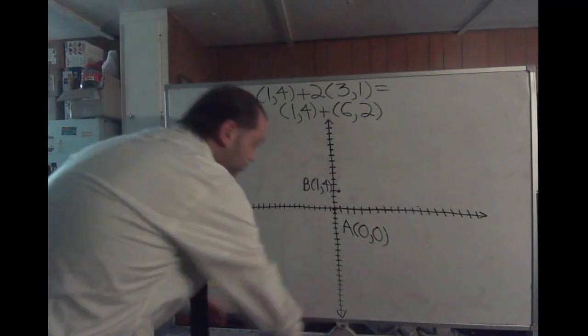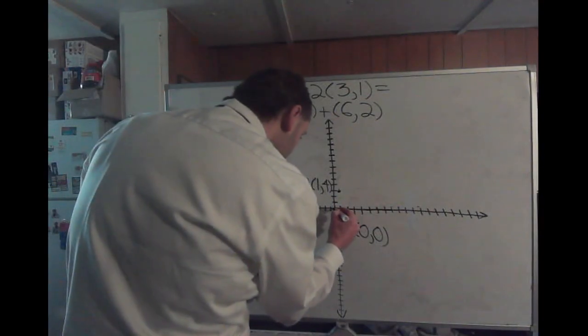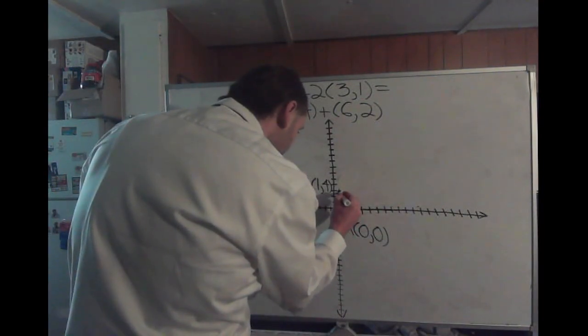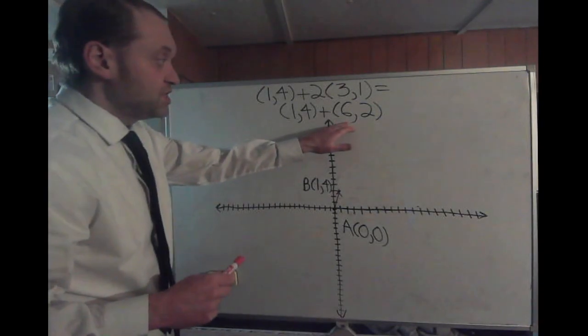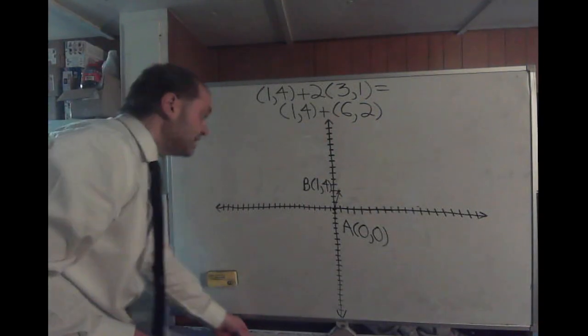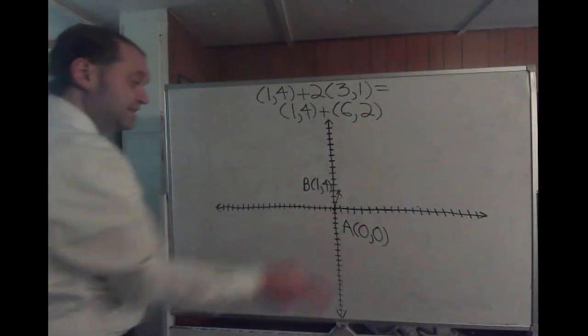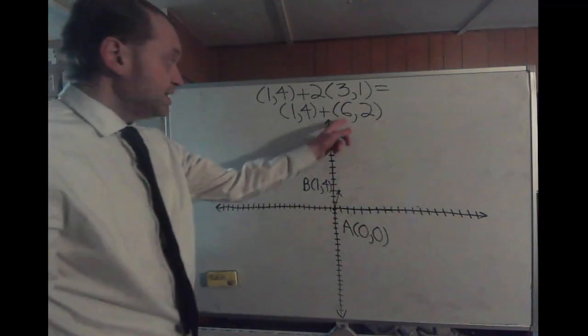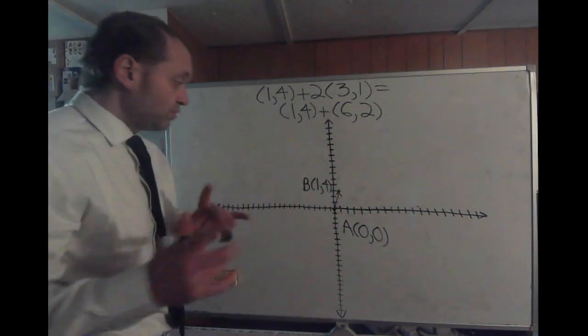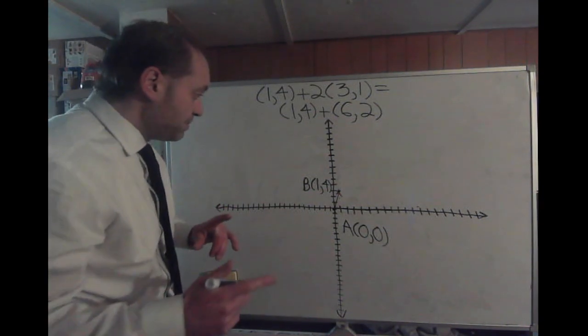Now I'll go ahead and draw my arrow from point A to point B to denote that vector. Okay, and then this vector of 6, 2, after doing the scalar multiple, tells me to get from point B to point C. I need to go to the right 6 units.